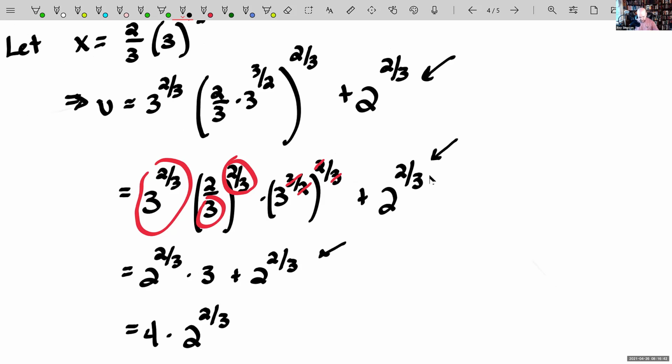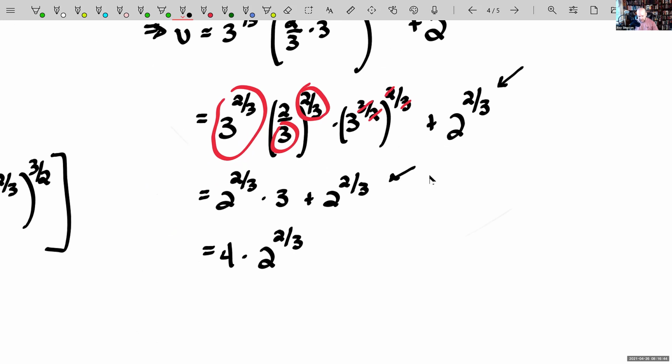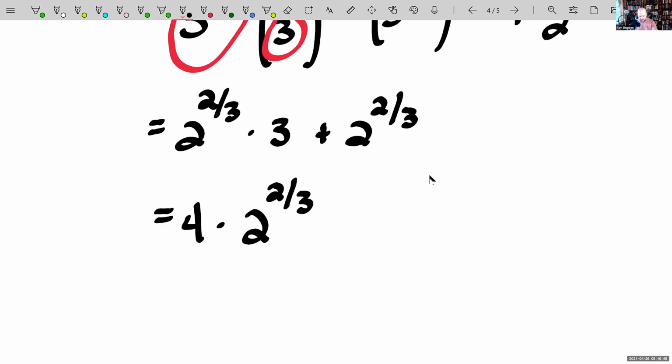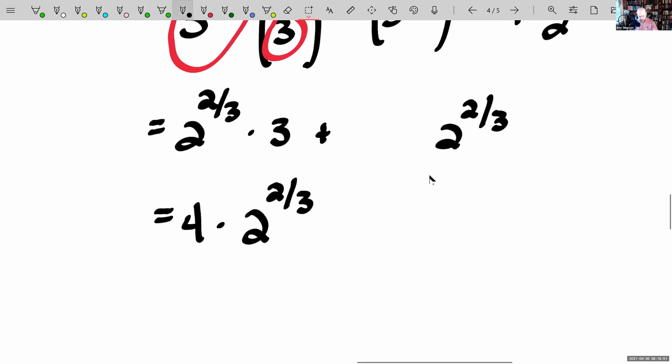Oh, no, it didn't get canceled. I see. If you take a look at this, I have 1 of those right there, and I have 3 more of them right there. 1 plus 3, I have 4 of them all together. That makes sense?